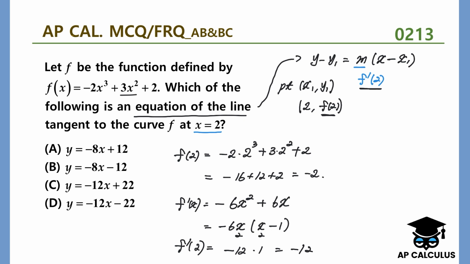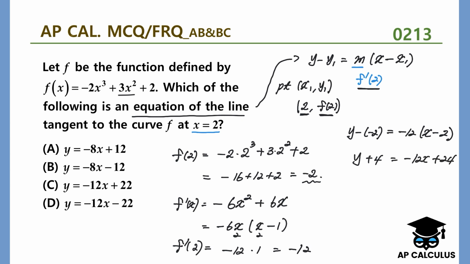So our equation of the tangent line is y minus y1. Here, f of 2 is negative 2. So y minus negative 2 is equal to slope negative 12 times x minus x1. x1 is 2, right? So let's simplify this. Y plus 2 is equal to negative 12x plus 24.